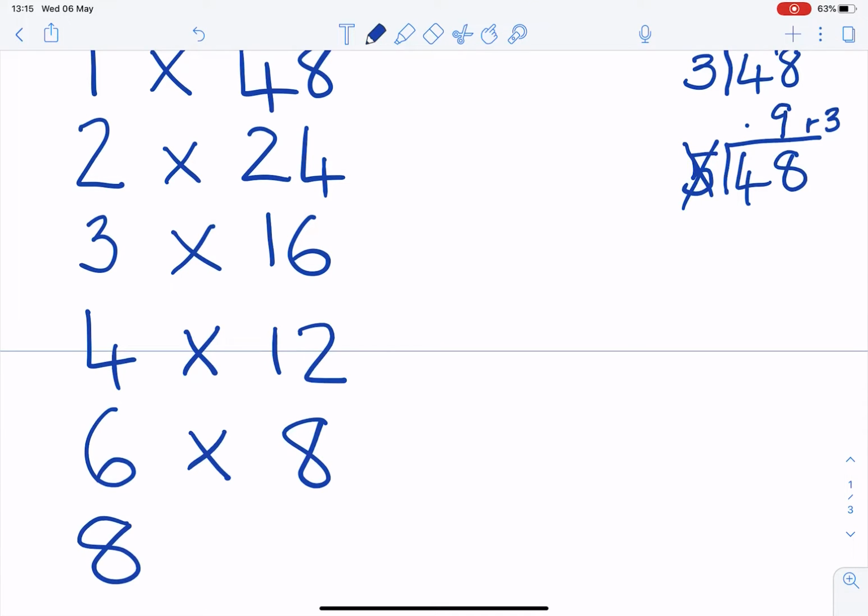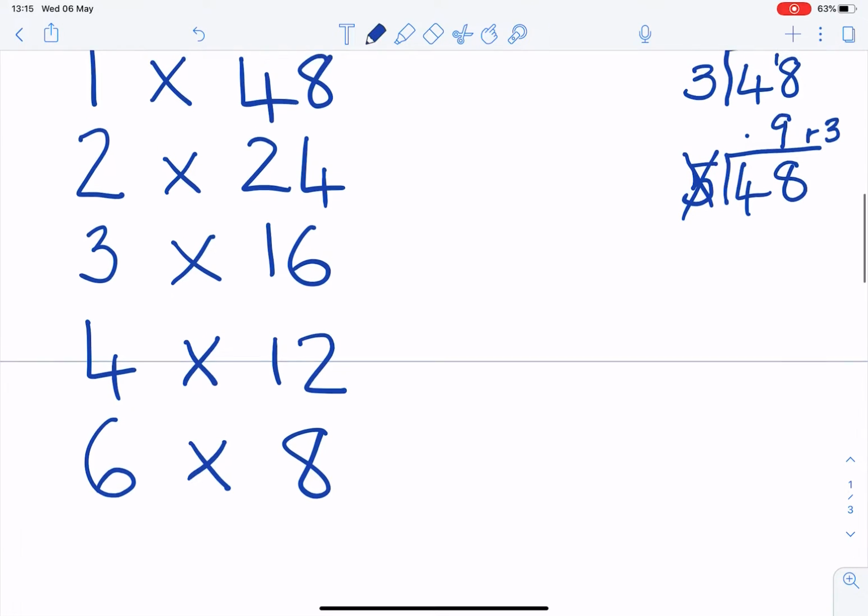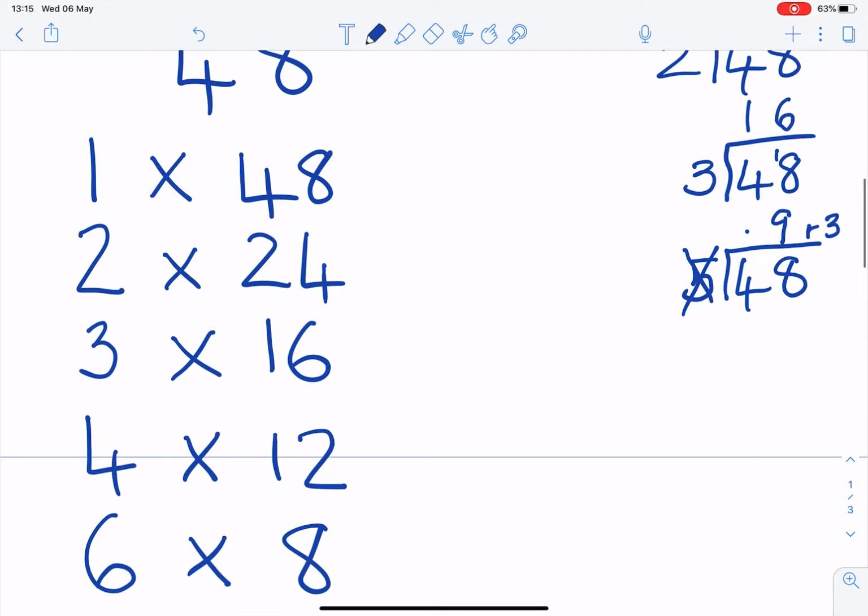What about 8? Well, I know 8 does, but look, I've already got an 8. So that is where I stop. I don't need another 8. Okay, so let's look at what we've got here. We have got 1 times 48, 2 times 24, 3 times 16, 4 times 12, and 6 times 8. Those are the factor pairs that fit into 48.